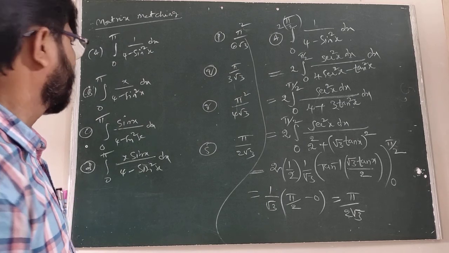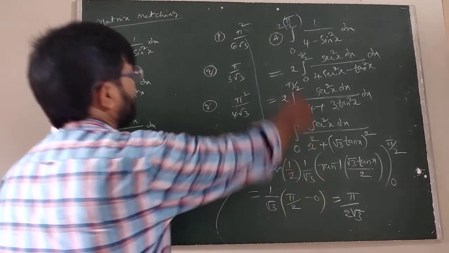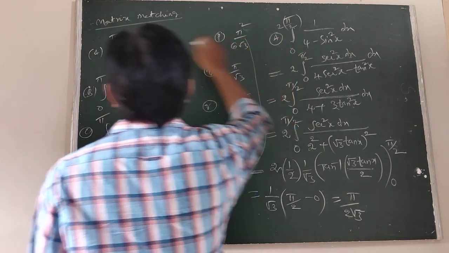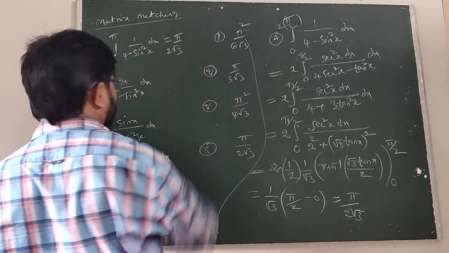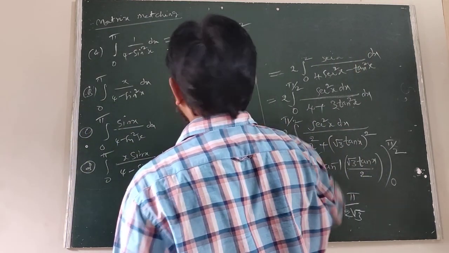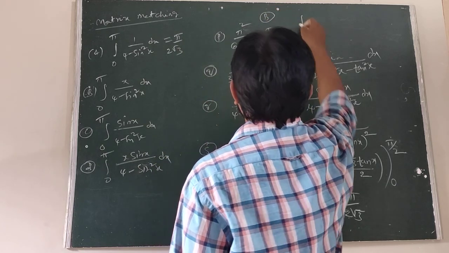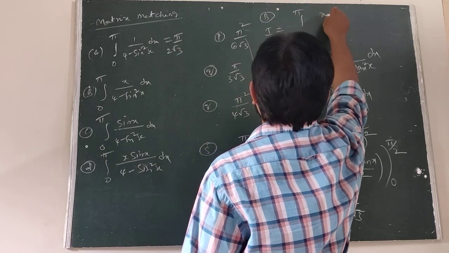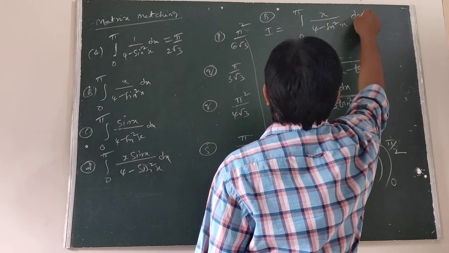Now we have to find the b. How to find the b? When the value of this one we got is pi by 2 root 3, now we can get the b easily. The b will be taken as I, that is the integral from 0 to pi of x by 4 minus sine square x dx.